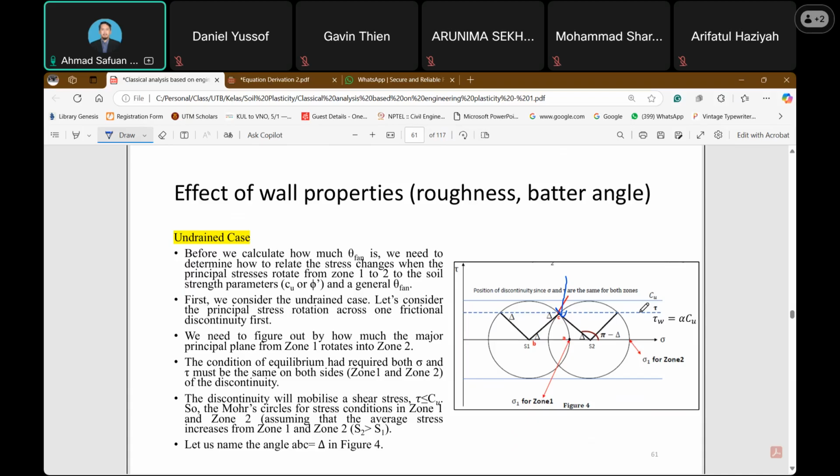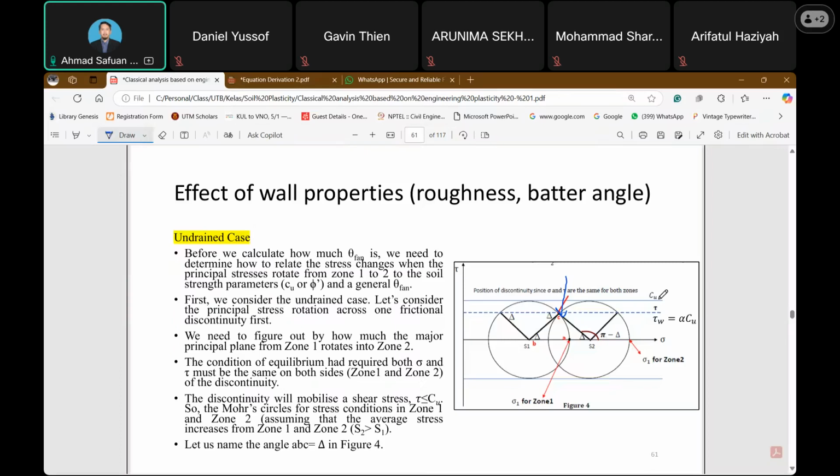First, we consider the undrained case. Let's consider the principal stress rotations across the discontinuity first. We need to figure out by how much the major principal plane from zone 1 rotates into zone 2. The condition of equilibrium requires both sigma and tau to be the same on both sides, zone 1 and zone 2, of the discontinuity.